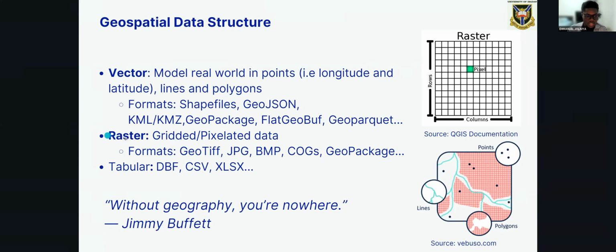So raster datasets are used a lot when it comes to analyzing different features on the Earth's surface. Say, for example, you have a farm and you want to study the health of your crops. You can use raster for that. You can't use vector data to study the health of crops because they are purely geometries.